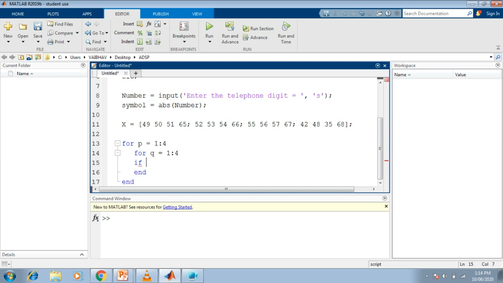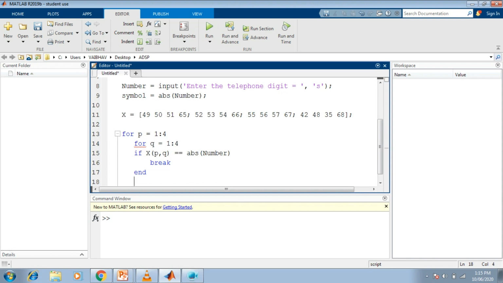So the if condition that we write for capital X, within the parentheses we write the index variables p comma q, if they are equal to the absolute value of the input that we have accepted from the command prompt that we have assigned to the variable number. At that time we ask this particular for loop to break here. So this is with respect to the inside for loop.